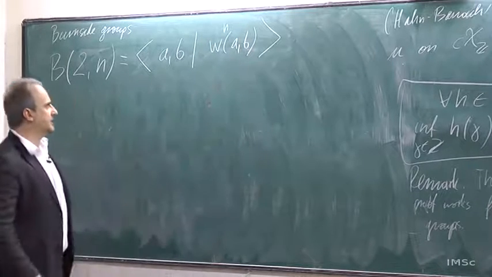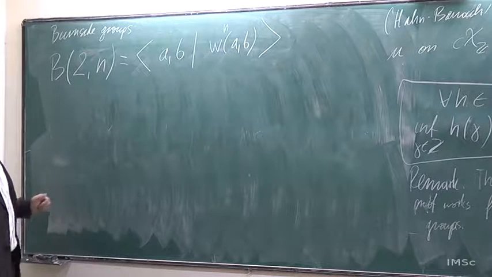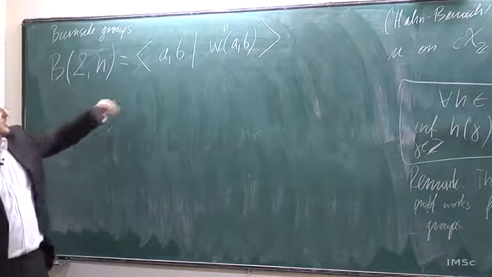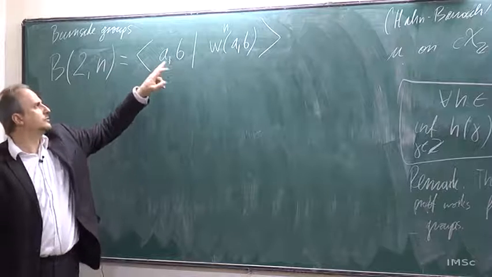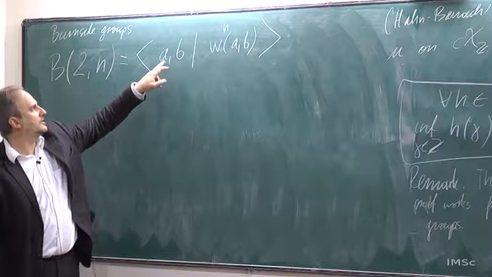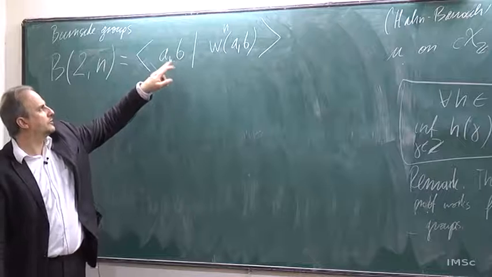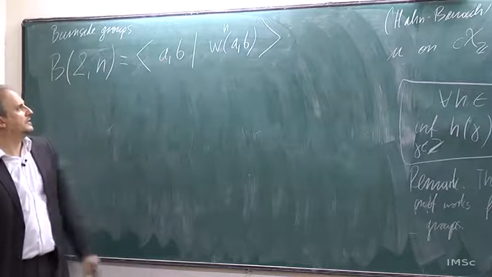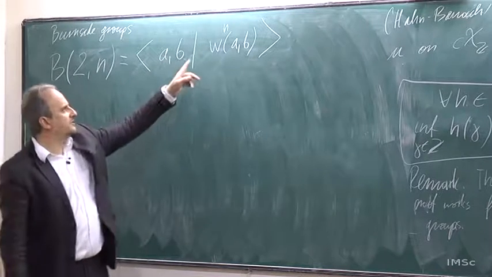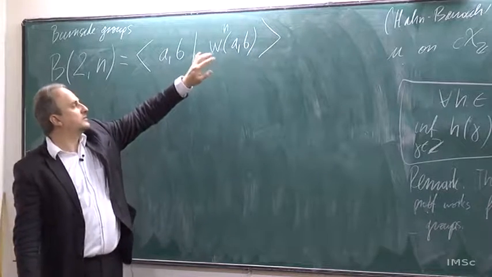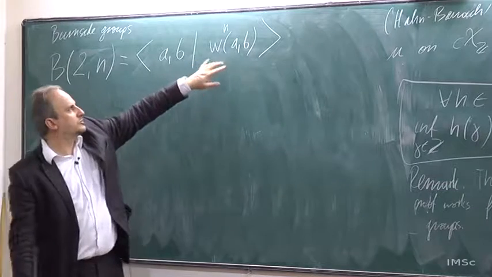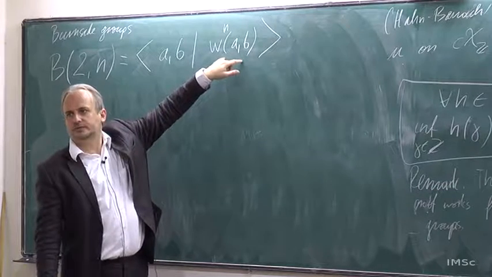Okay, so it's the presentation of this group, which means that this group is a quotient of a free group of rank 2, a free group on letters A, B, and the inverses, divided by the smallest normal subgroup which contains all such words.